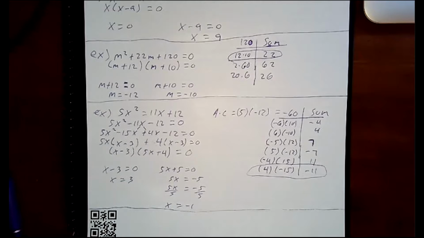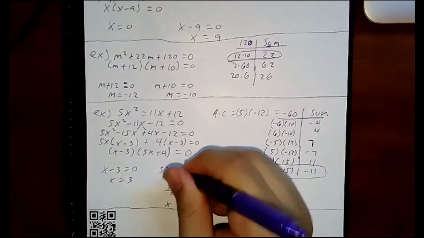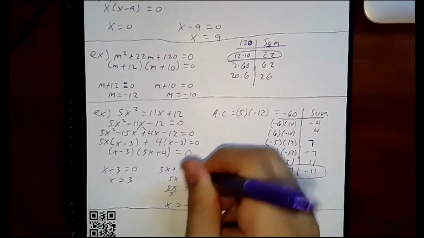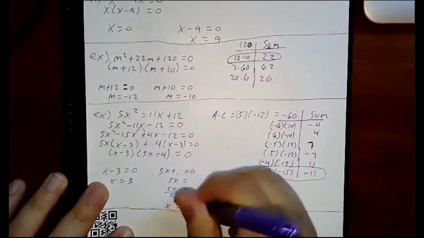Question: how did you get 5x plus 5? Oh, you're right. That should be a 4. Thank you. Yeah, that was a mistake. Let's redo that part right here.